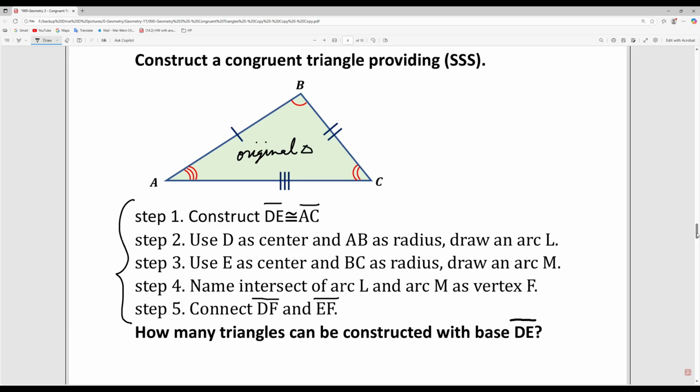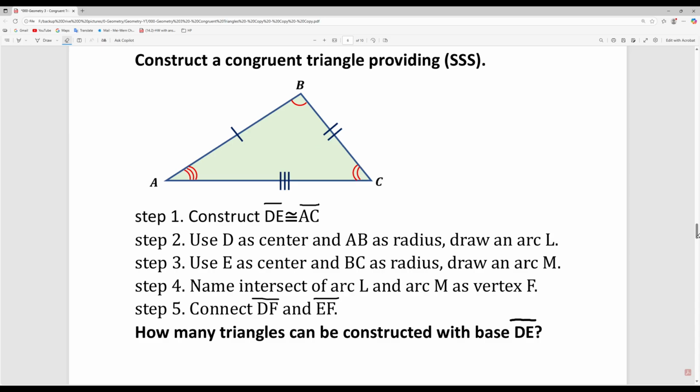You can do that, and see if they really fit, point fit point and side fit side. So right now let me follow step 1 through step 5 in a separate place.